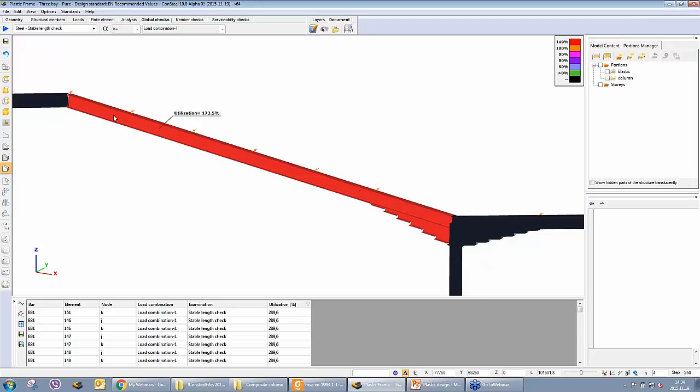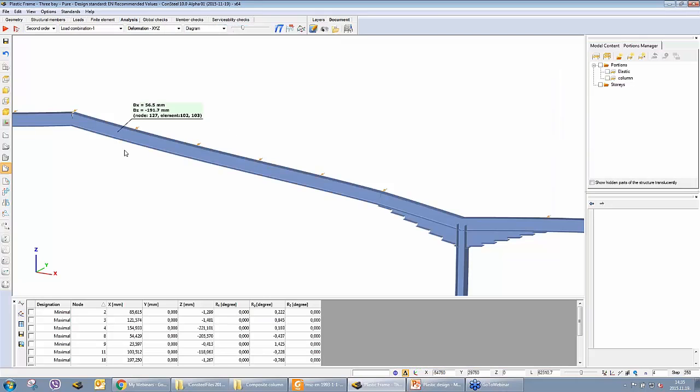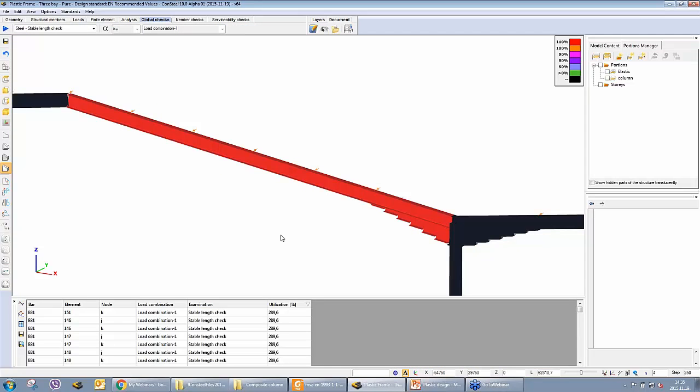And going in that way we have this point which is considered as torsionally restrained, and we have some additional lateral restraints at the top flange, as we can see in our structure model as well, provided by the purlins. So this is now the bracing situation of our beam.